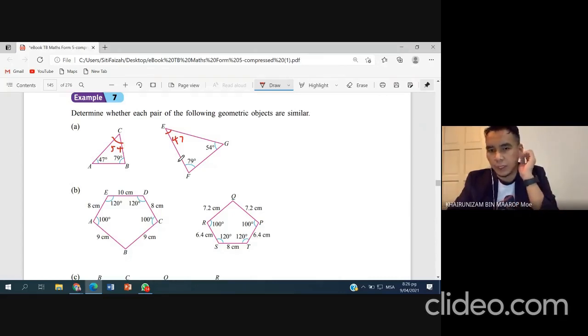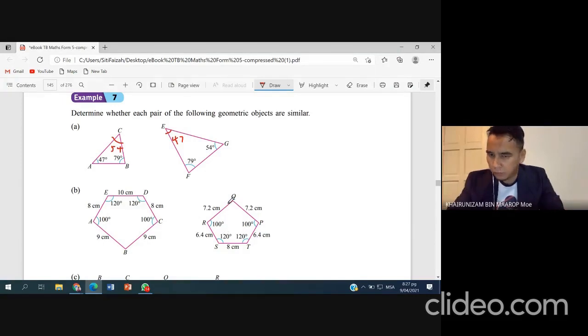Get it? Look at B. Here, look at the angle. If you look at the angle, all the angles are equal because this one is 100, 100, 120, 120. This one also the same.